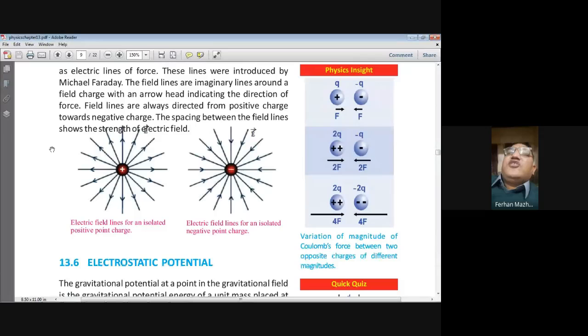These lines were introduced by Michael Faraday. The field lines are imaginary lines around a charge with an arrowhead indicating the direction of force. Field lines are always directed from positive charge towards negative charge. The spacing between the field lines shows the strength of the electric field. Okay.